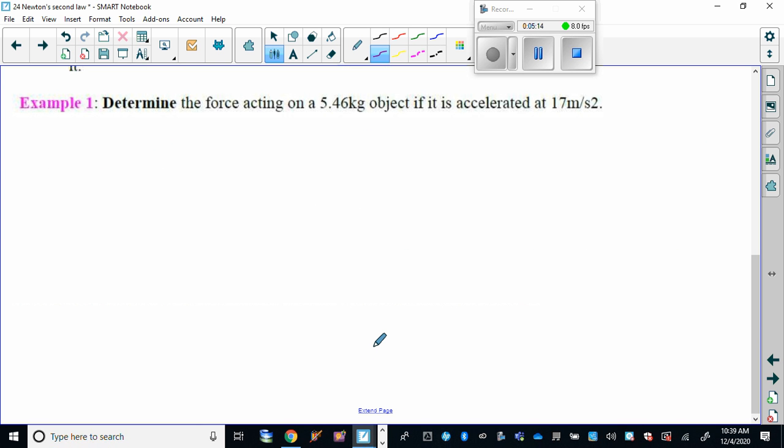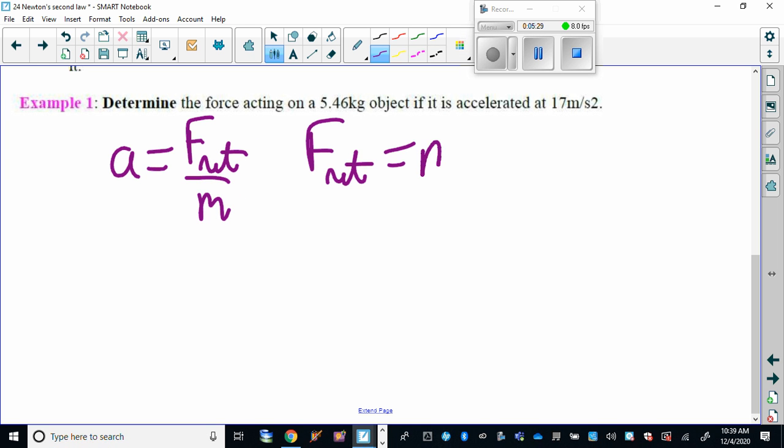Example number 1, nice, easy one. Determine the force acting on a 5.46 kilogram object if it's accelerated at 17 meters per second squared. So, going from the formula sheet, I'm going to see this, and then I'm going to have to rearrange that formula. F equals ma, because I'm trying to find that force. I know that the mass is 5.46. I know the acceleration is 17.